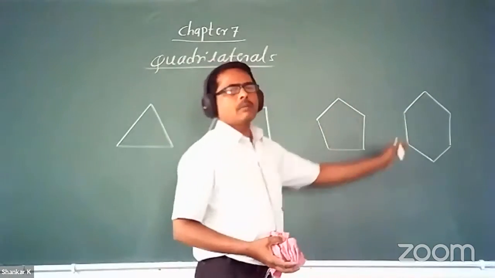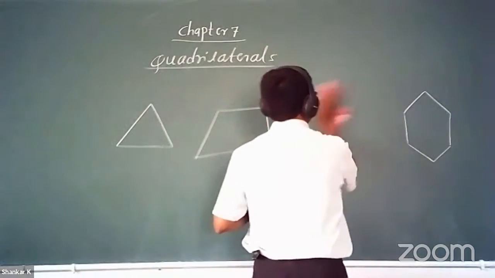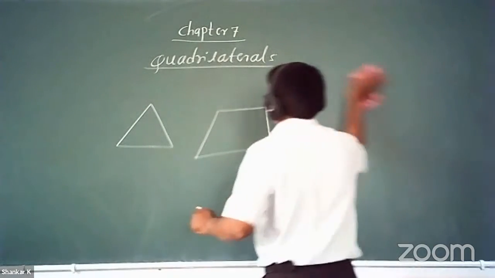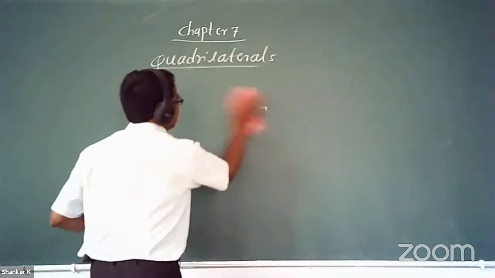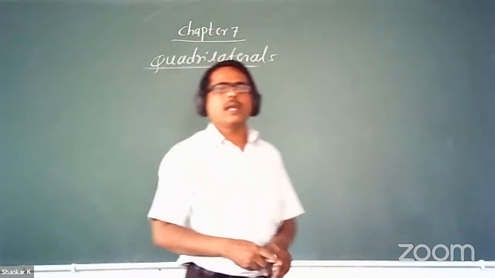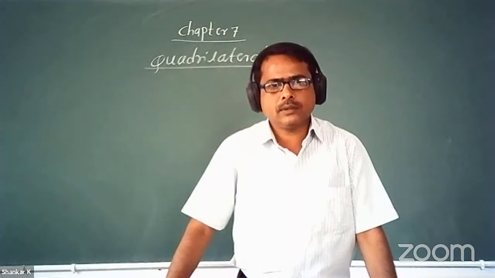Depending upon the number of sides, polygons have different names, like pentagon and hexagon, which we have already studied. In this chapter, we are going to study quadrilaterals. A quadrilateral is a four-sided closed figure.